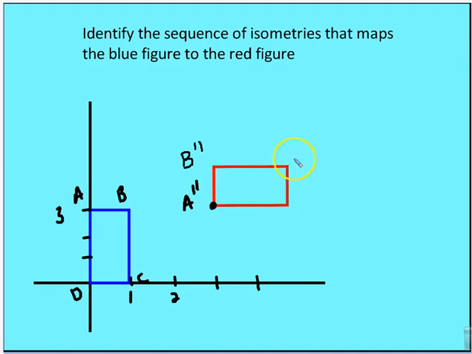And as I mention this, I will say that sometimes the sequencing does not matter and sometimes it does. And then sometimes you can get to a mapped figure using different sets or sequences of isometries. So that being said, there's more than one answer to a question sometimes with the composition of isometries. So I'm going to pause here while you figure this out.